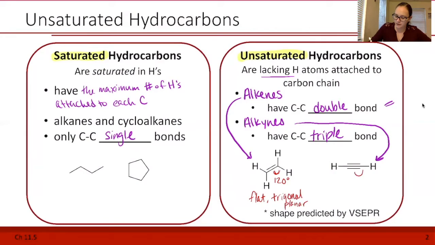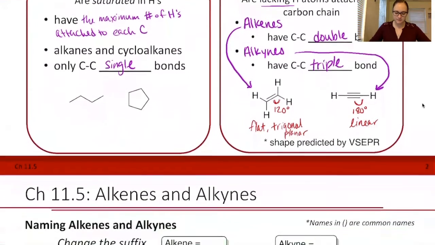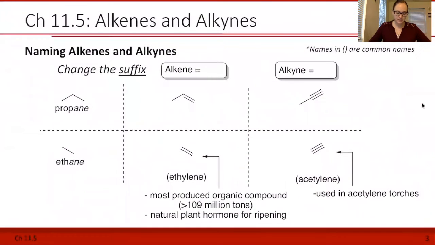And then over here with the alkynes, we have a 180-degree angle because now we have a linear carbon. We have 2 things around that carbon, and they want to be as far apart from each other as possible. So now we have that linear shape. So alkenes and alkynes, that's what this whole section is about.